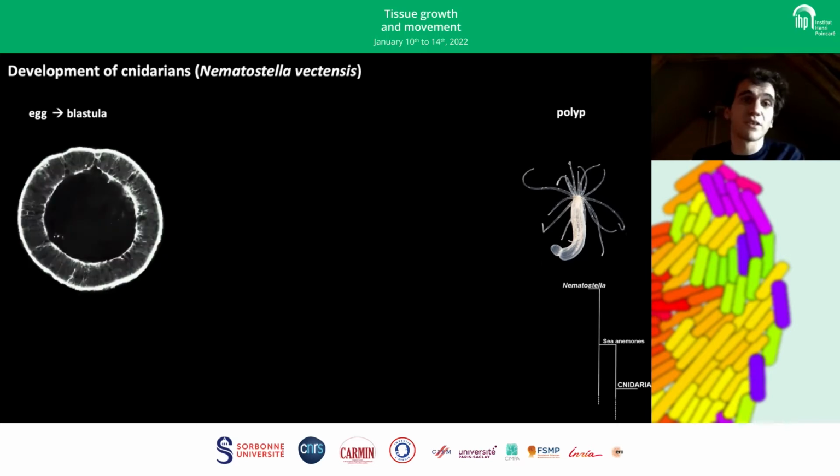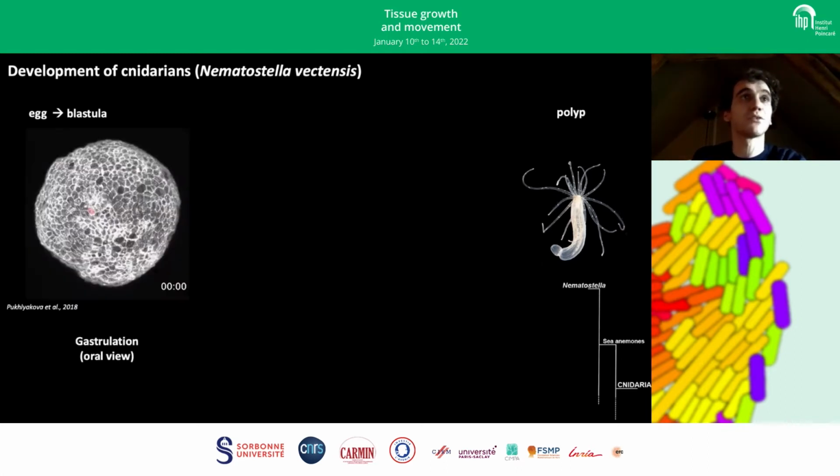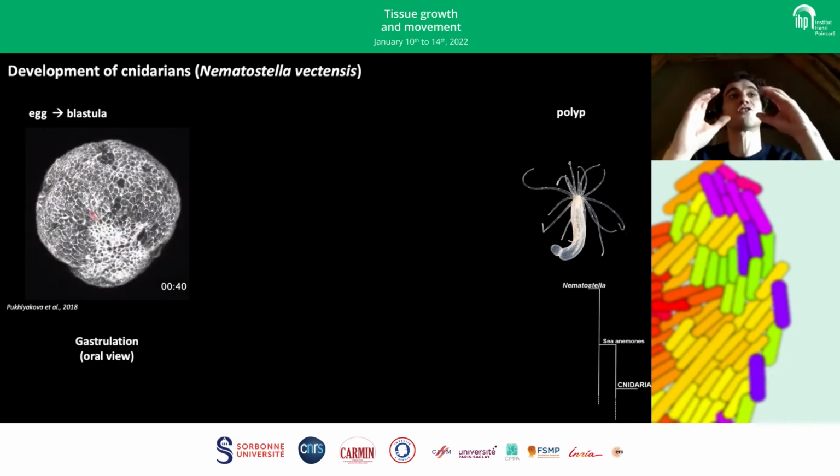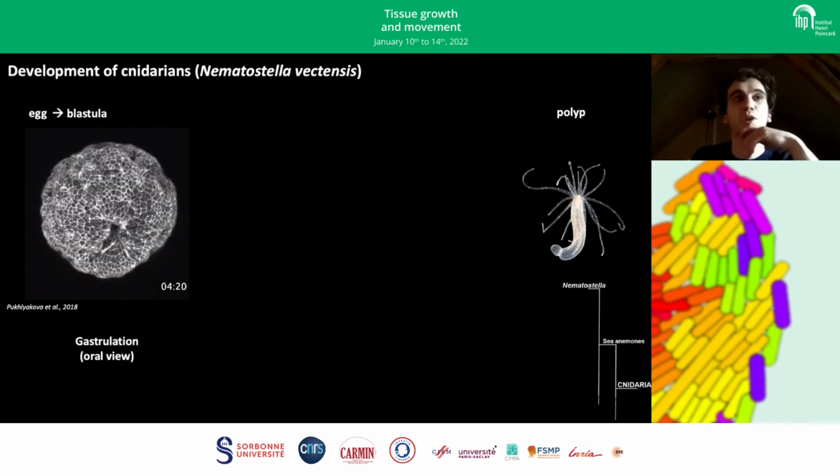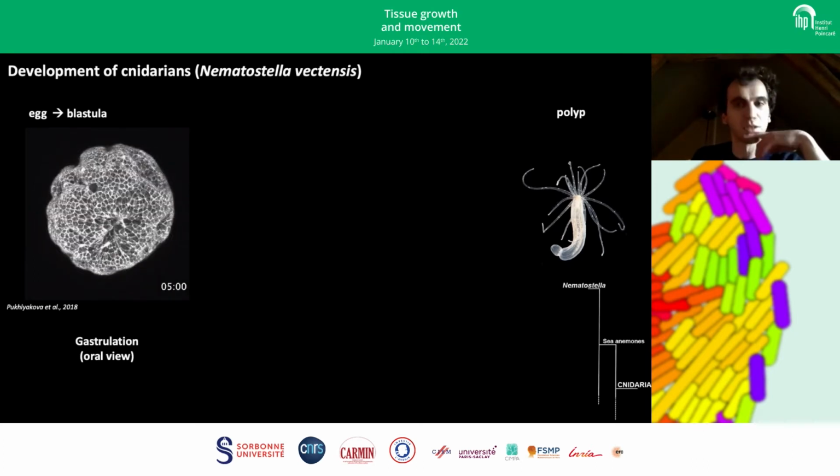At one point, they will reach the blastula stage. What we call a blastula is an epithelium surrounding a cavity. After that, the embryo will gastrulate. In the case of Nematostella, gastrulation occurs like this. It's just an invagination of the tissue in the cavity from one pole, the future mouth.